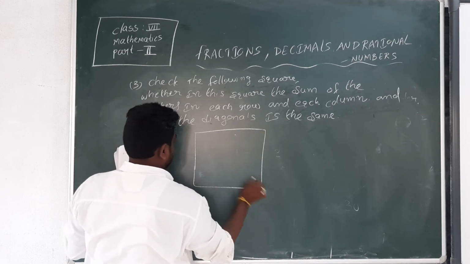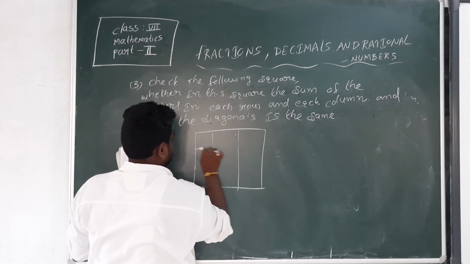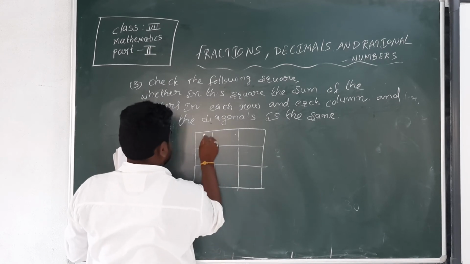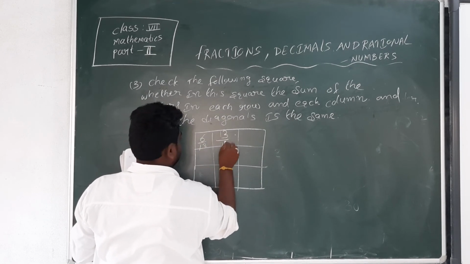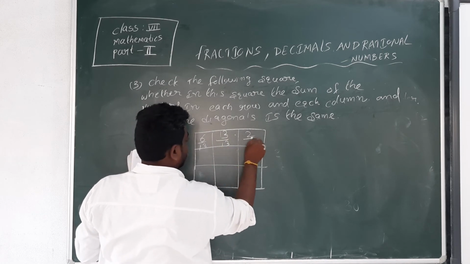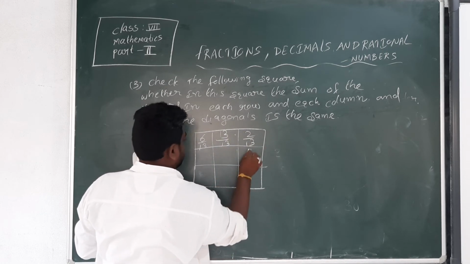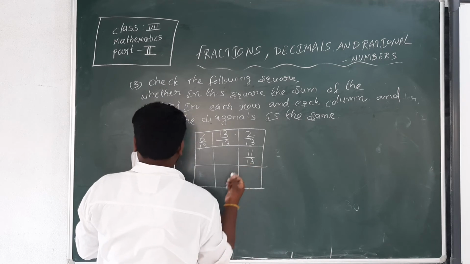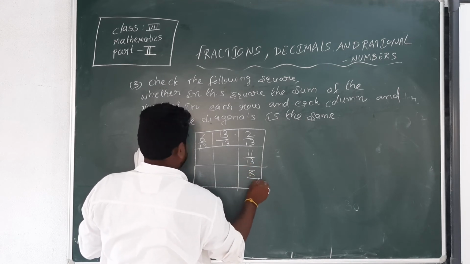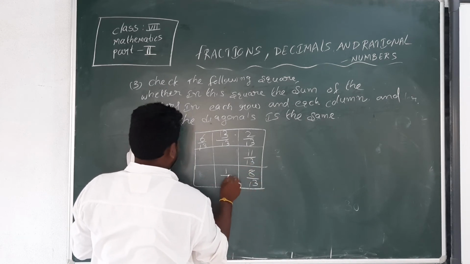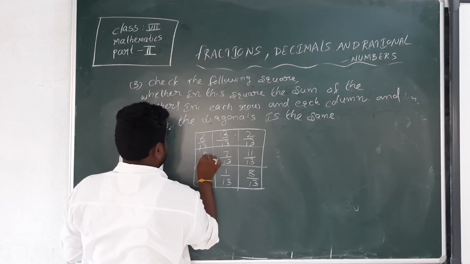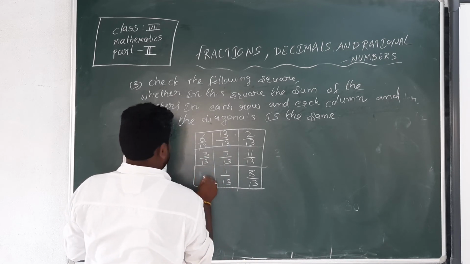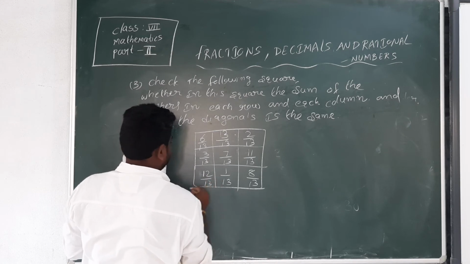This is a square with 3 equal parts: 6 by 13, 13 by 13, 2 by 13, 11 by 13, 8 by 13, 1 by 13, 7 by 13, 3 by 13, 12 by 13.